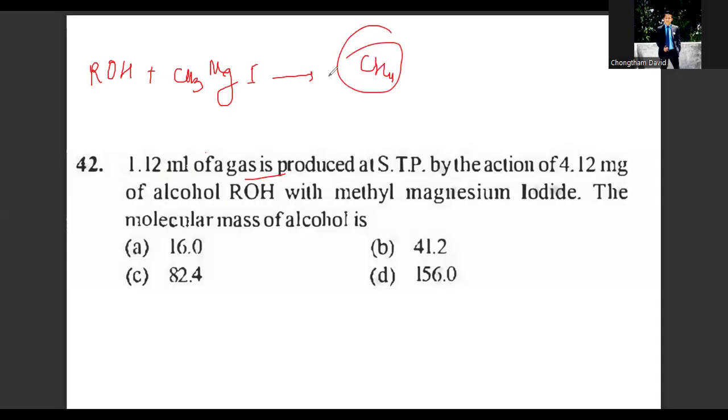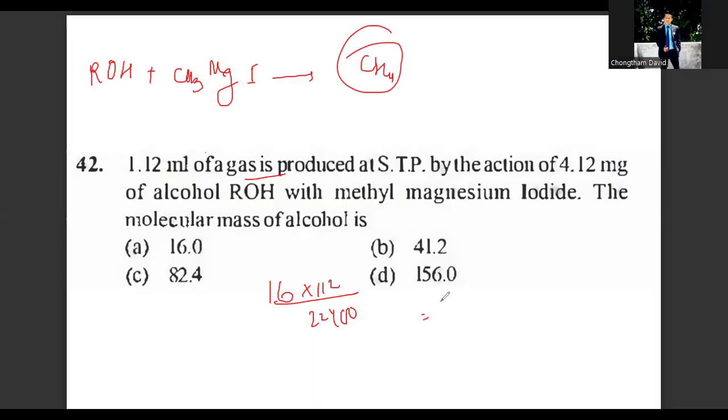So 4.12 gram by 1000 gram of alcohol will produce 16 by x times 4.12 divided by 1000 grams of methane. So methane actually obtained would be 16 into 1.12 by 22400. You can easily calculate this question.